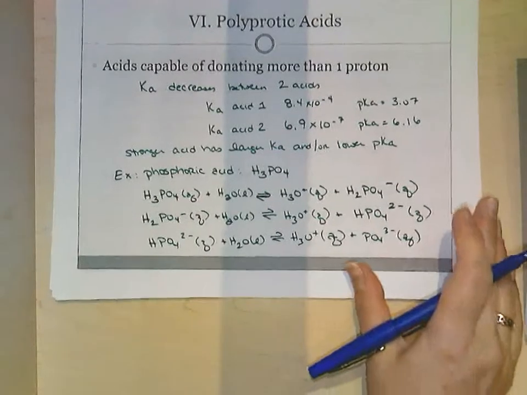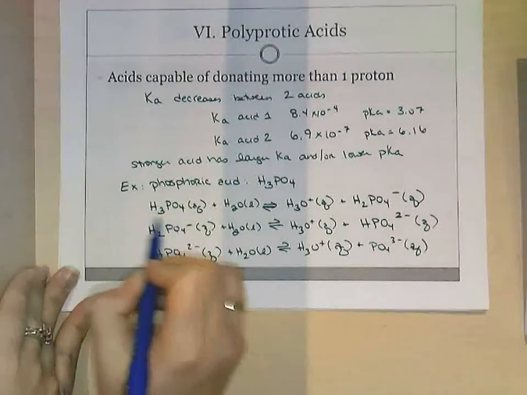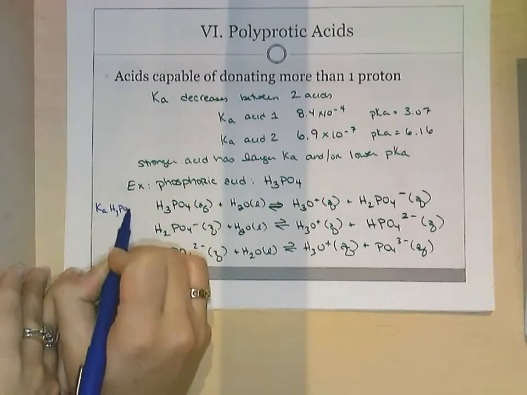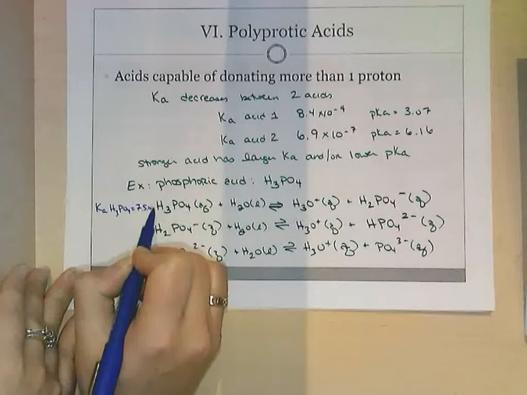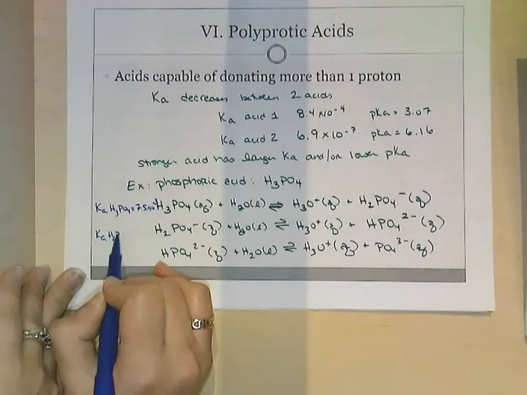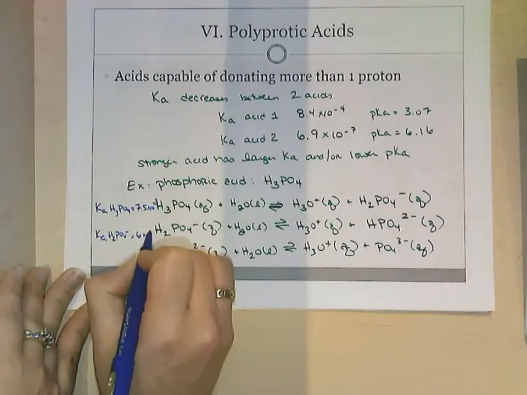All right, so looking in my table of Kas, I could see that the Ka of H3PO4 is 7.5 times 10 to the -3rd. The Ka of H2PO4 minus is 6 times 10 to the -8th.